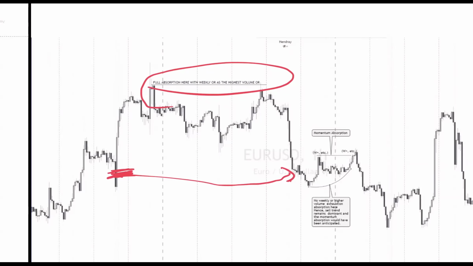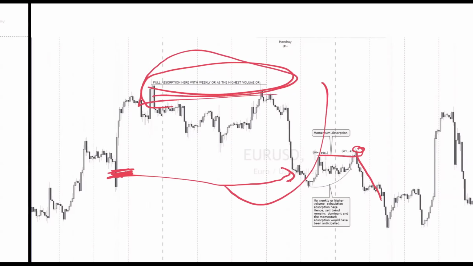So meaning that whatever happened here is just a continuation trend, for a reversal to actually happen, since there is no full exhaustion absorption to oppose this. Or maybe here this one also wasn't full or something. I've forgotten now actually. But I know that there was no full momentum absorption here.